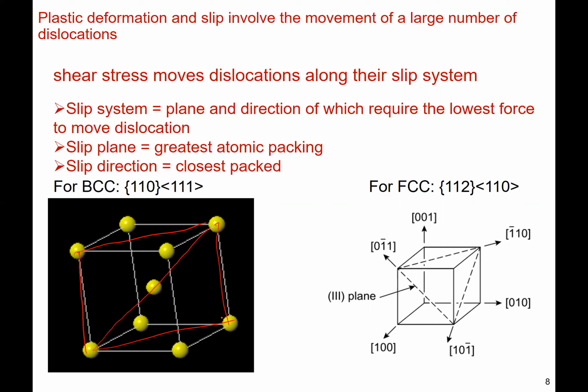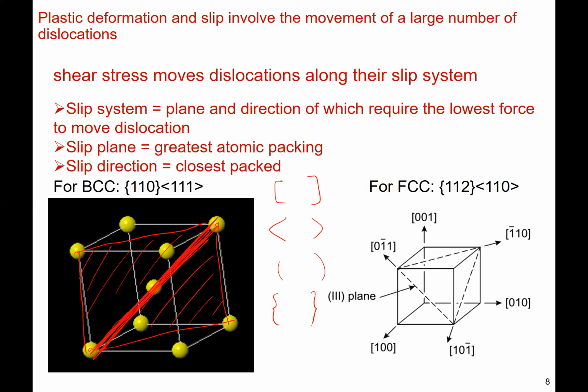And so we can describe that as the family of 110 planes, or curly bracket, and the direction is the family of the 111 direction. So as you recall, one direction is square bracket, a family of directions is angle bracket, a plane is parentheses, and a family of the same plane is the curly bracket notation.